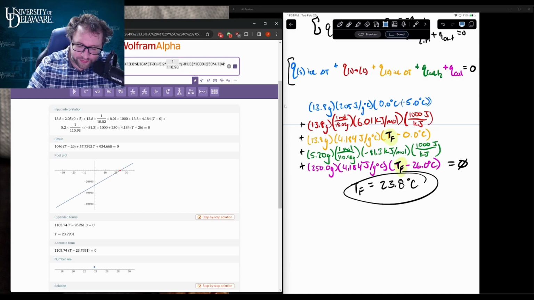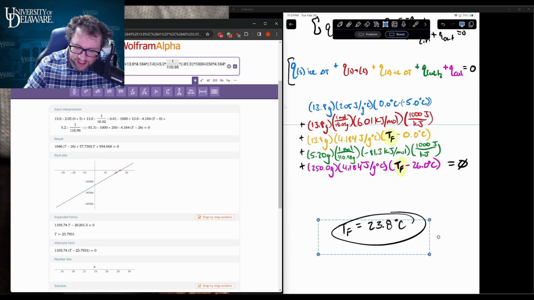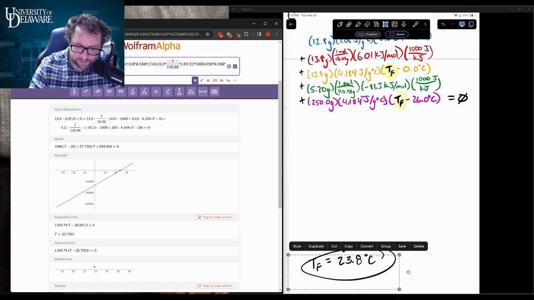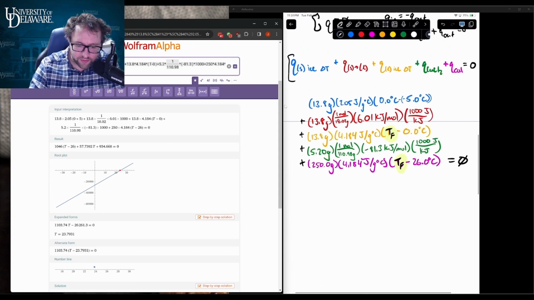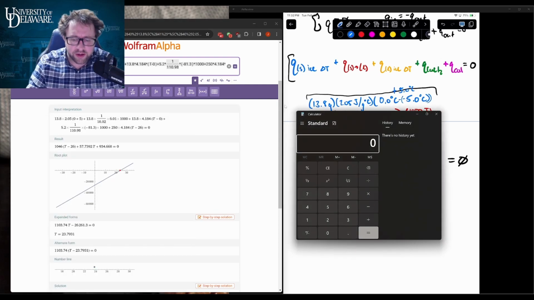All right, so if we ignore our cheaty version of doing this, how else could we solve this? So obviously we would want to expand all of these terms. So let's see, this will end up being plus 5.0 degrees C. I can just pull up the calculator here.